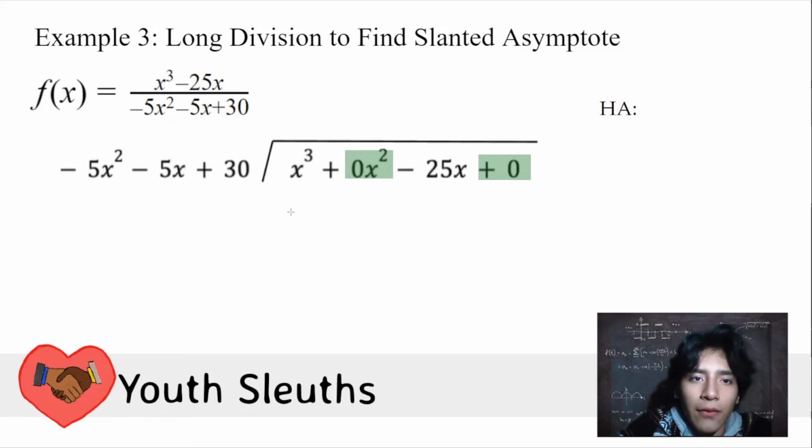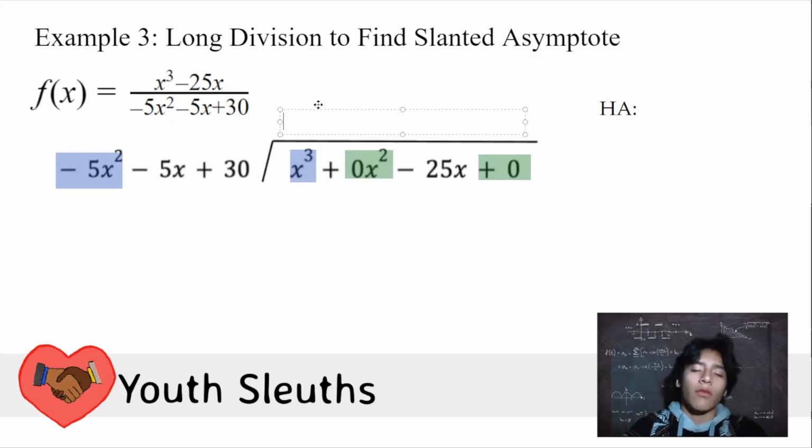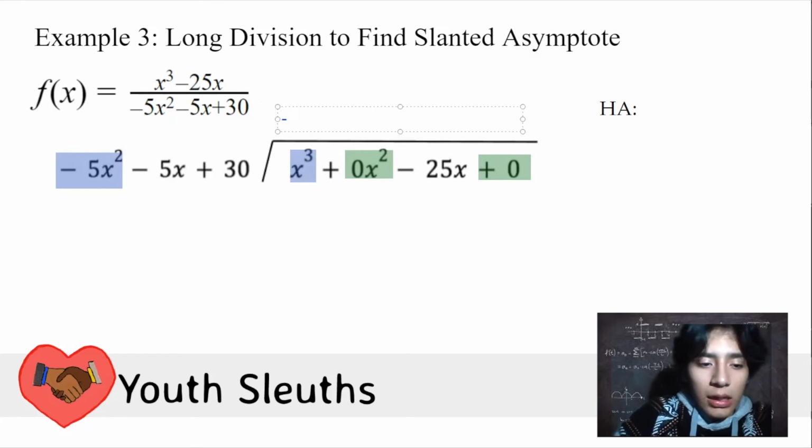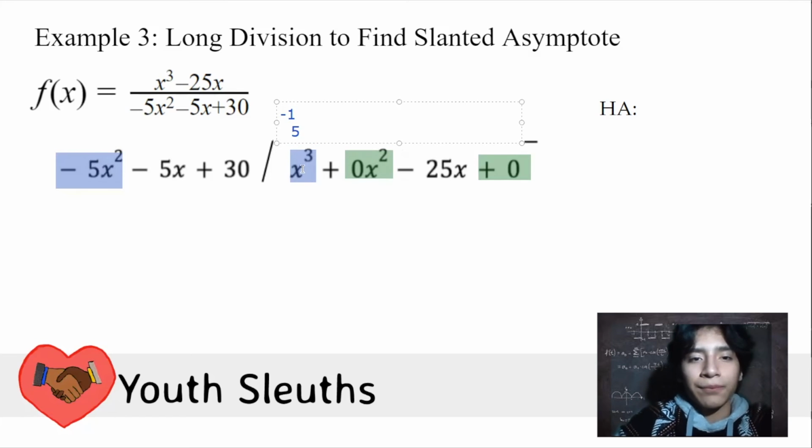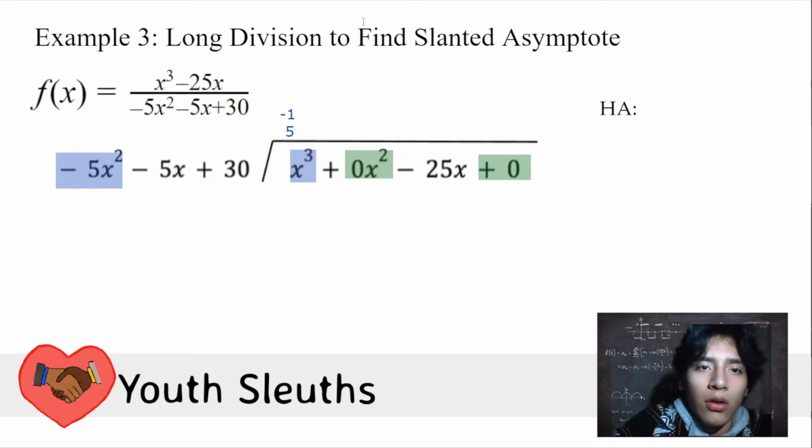Now, first, like before, we look at our -5x and our x cubed, and we figure out what gets us to 1 from -5, and that is -1 over 5. After that, we want to focus on our x's and how many x's we need.